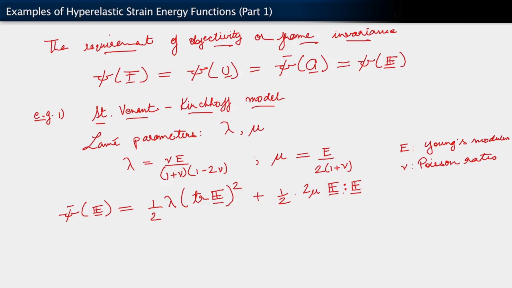I ought to mention that the fact that we have a strain energy function depending only on two parameters is related to the fact that the strain energy functions we are going to look at right now, the remaining ones that we look at today, are all for isotropic materials.